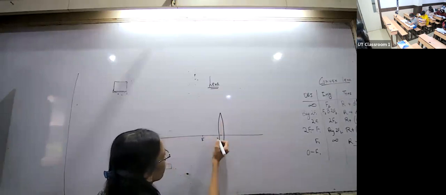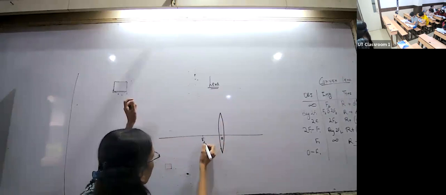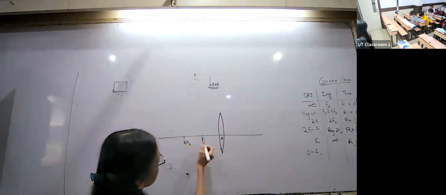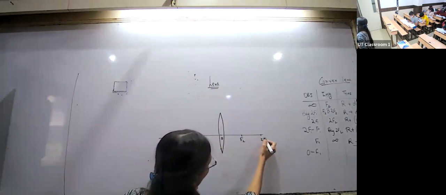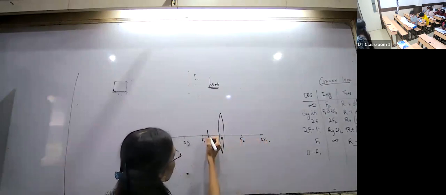When you are keeping it as close as you can, you check where the image is formed, F2 to F2.